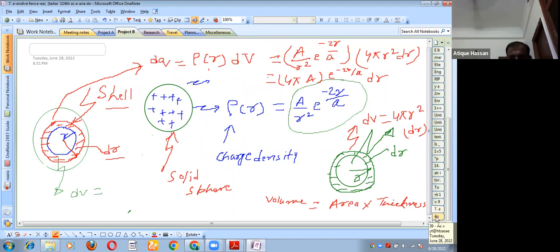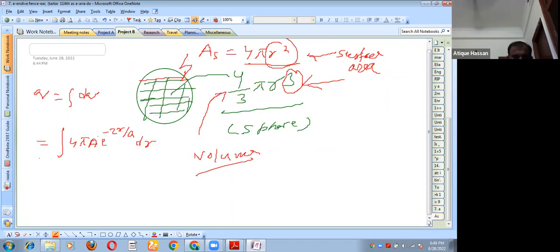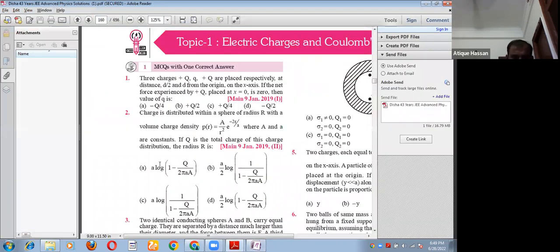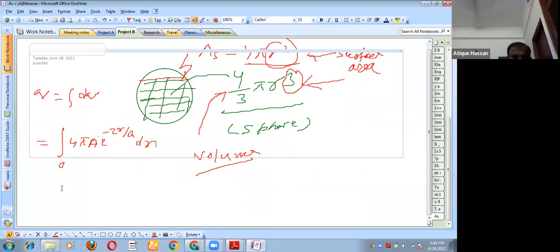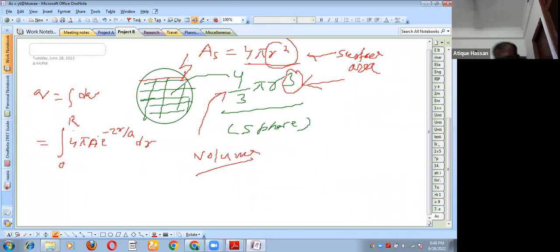Now what is the value of r? R varies from 0 to, if you see in the question, the radius is capital R. So here r will vary from where to where? 0 to capital R, right? Have you got how we take the limit?